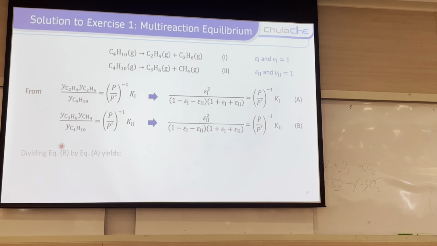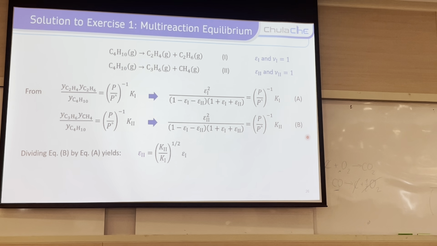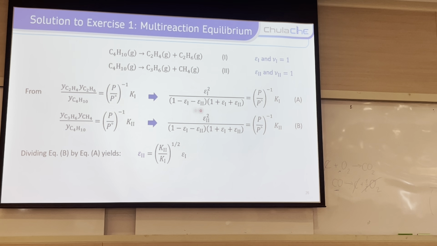In order to simplify it, I divided equation B by equation A. You can see that the denominator is the same, the standard state pressure is also the same, and the pressure is also the same, so it can be eliminated very easily.